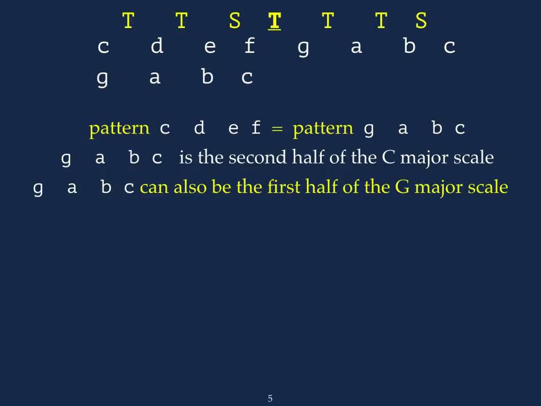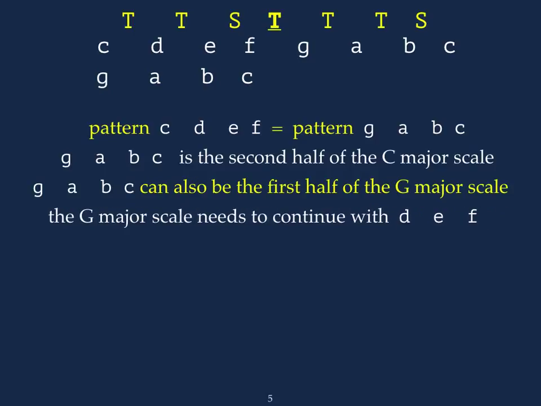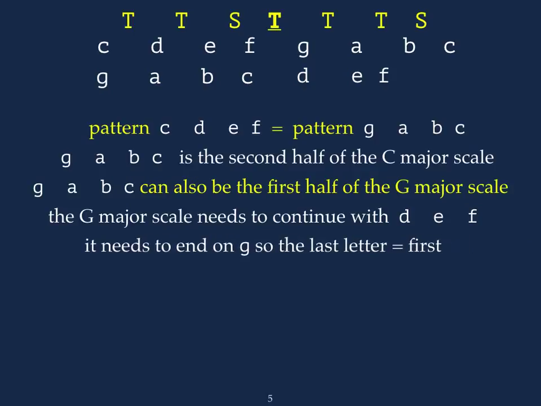There's G, A, B, C sitting neatly underneath C, D, E, F, following the pattern of tone, tone, semitone. Now the G major scale needs to continue with D, E, F. Again, look at the top, D, E, F, and of course it needs to end on G so that the last letter is the same as the first.